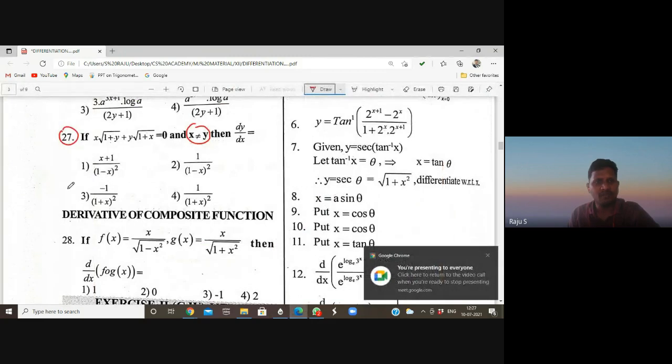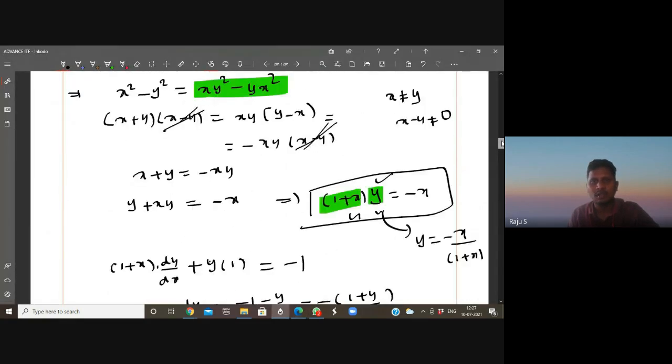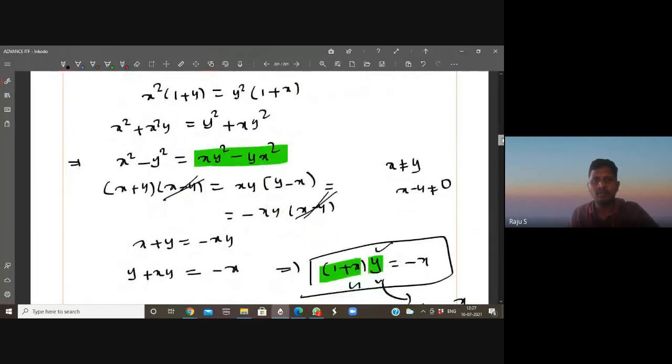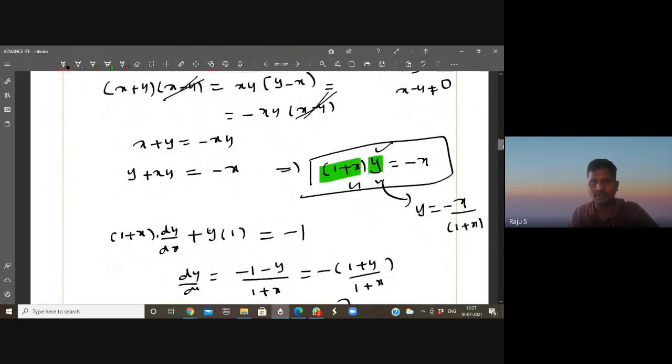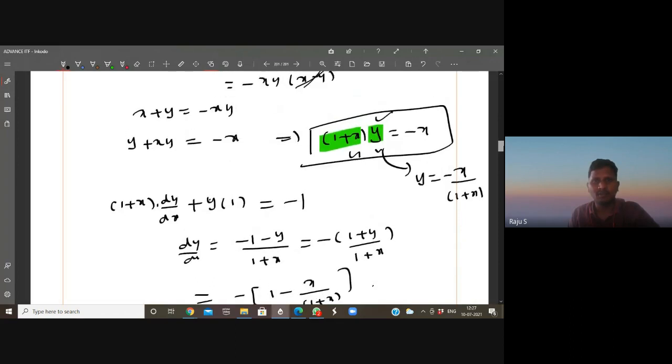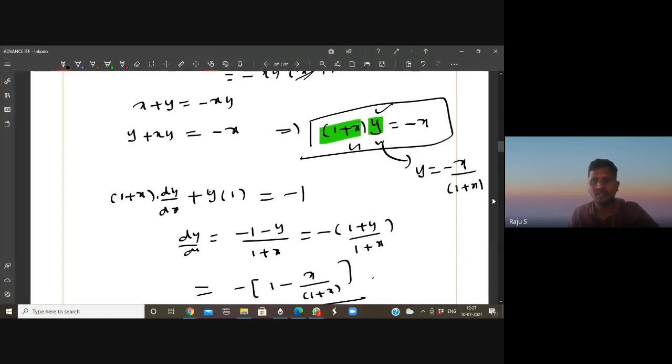Which of the following options is correct? Third one. Am I right? See what I have done: I'm squaring on both sides, taking x square y square to one side, and cancelling. Finally we got 1 plus x into y is equal to minus x. Now you can differentiate on both sides.